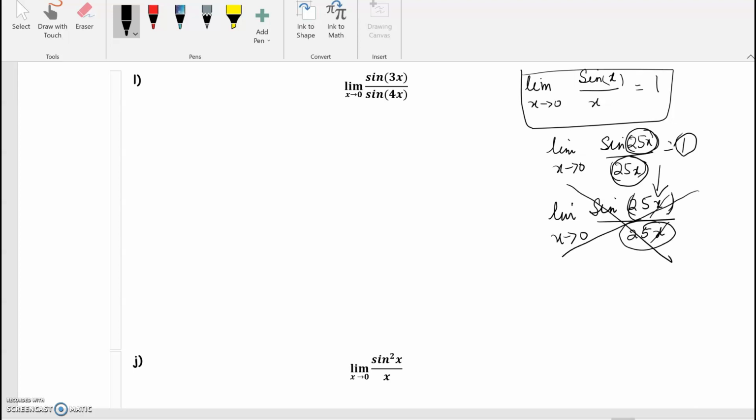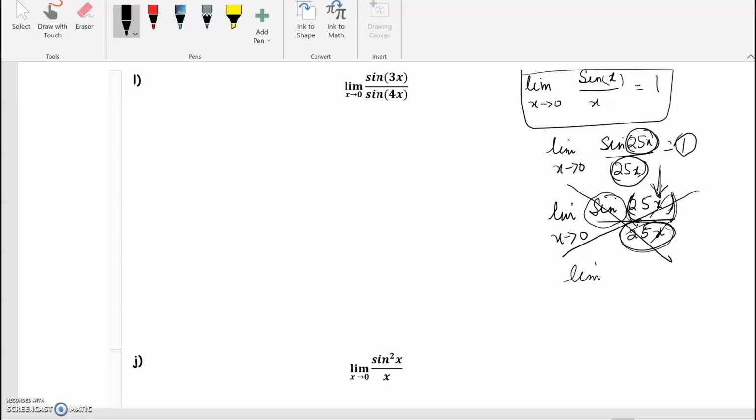This is completely wrong. You do not touch the angle. I always tell you that in class. This is the number to which the sine function is applied, and it changes everything completely when you apply the sine function. It cancels with nothing outside. For example, the x's do not cancel, the 25s do not cancel.